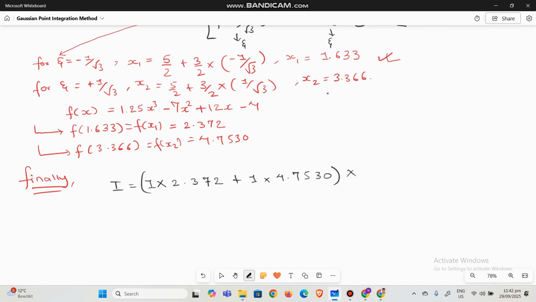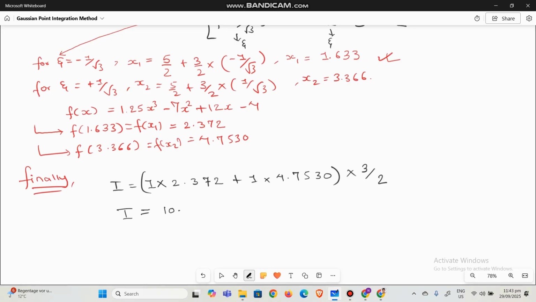Just multiply all of this with the value of the Jacobian determinant, which we got as 3 over 2. If you calculate the value, you are going to get 10.6875.